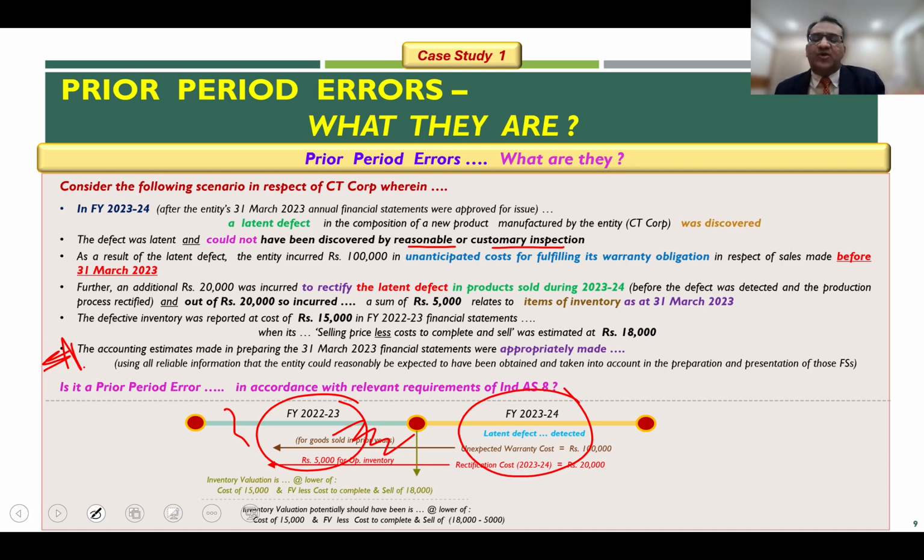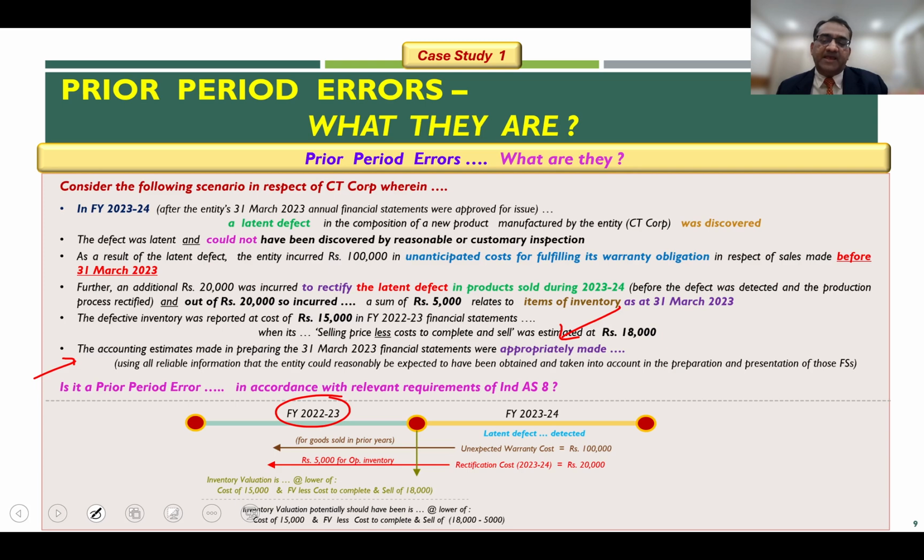And that is what the last point says: the accounting estimates made in the preparation of the 22-23 financial statements were appropriately made. Therefore, there was no error per se, because the defect was not visible, it was latent. No reasonable care would have identified those mistakes.